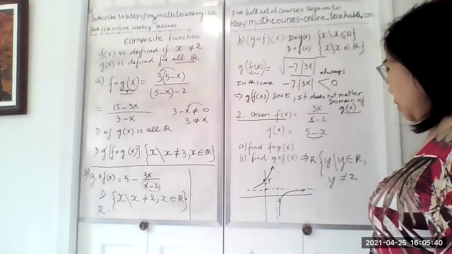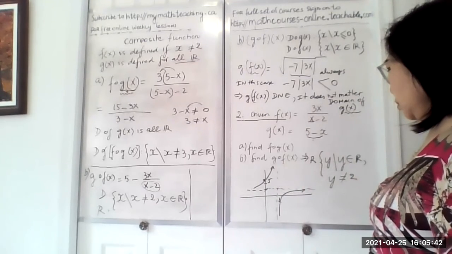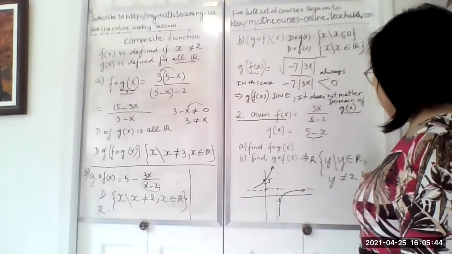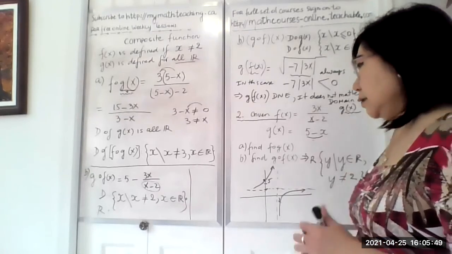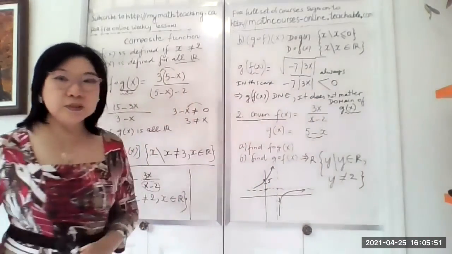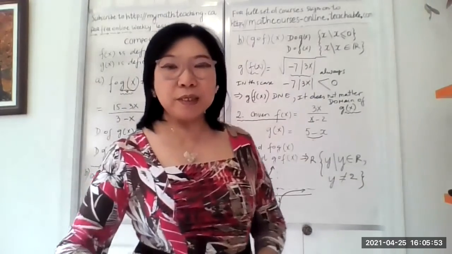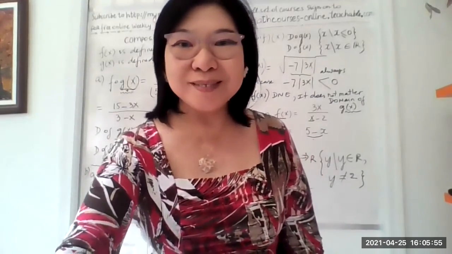What else is a restriction for y? So y cannot be 2. And that's it. So that is our composite function and how we state the domain and the range for them.